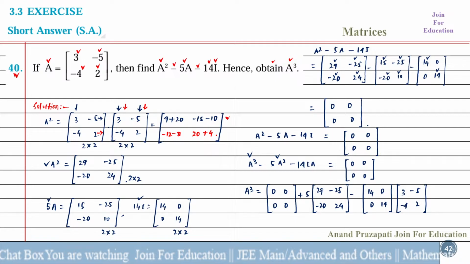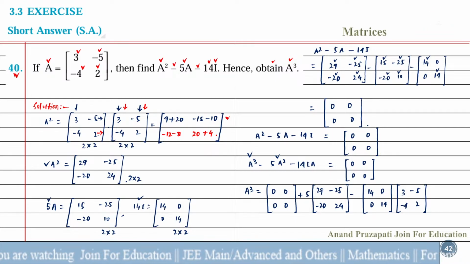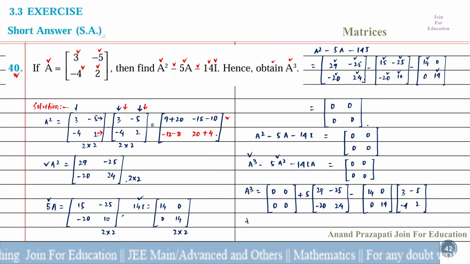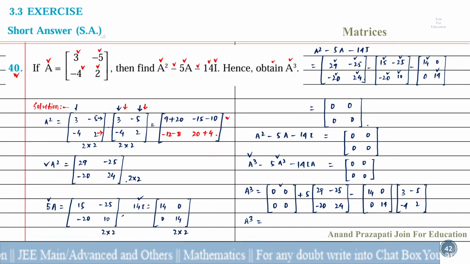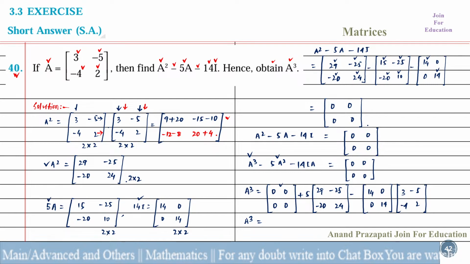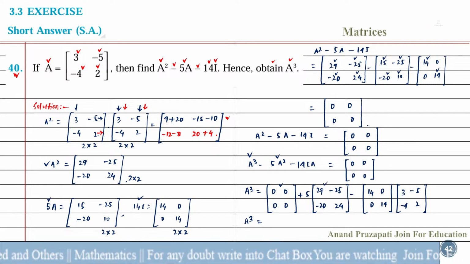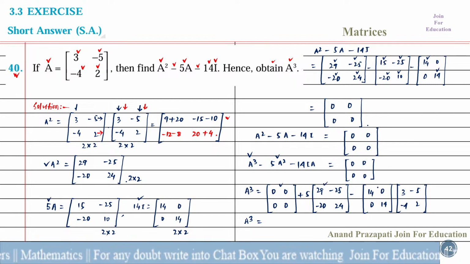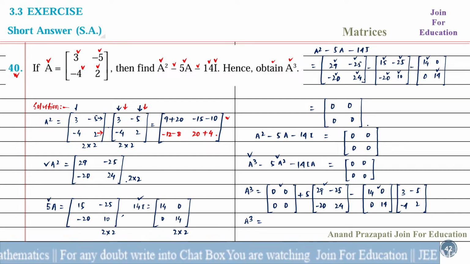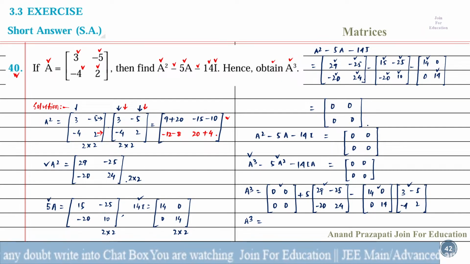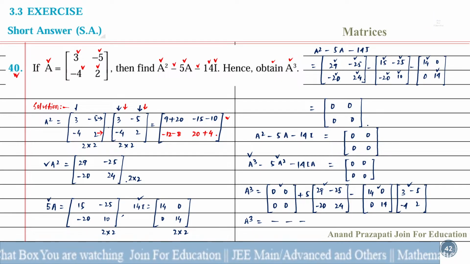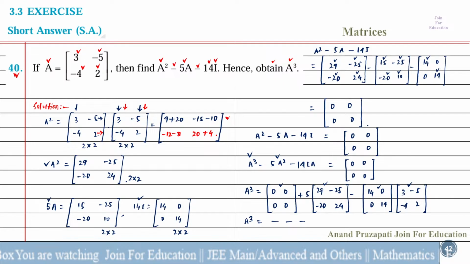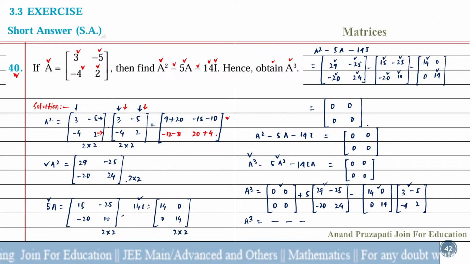So you find out yourself and we get the value of a cube. This one plus 5 into this one plus, sorry, minus multiplication of this one into this one, and we get the value of this one. You do yourself. If you have problem, write into the live chat box, I will solve.